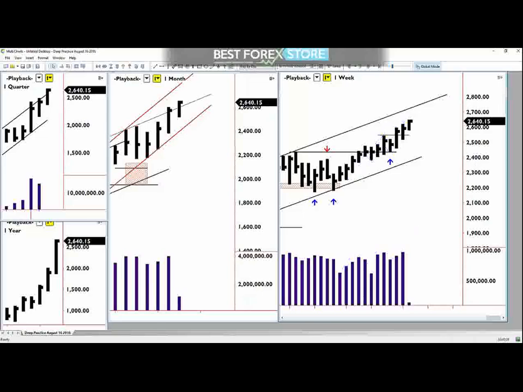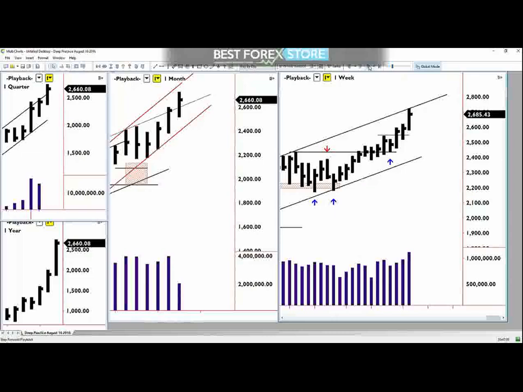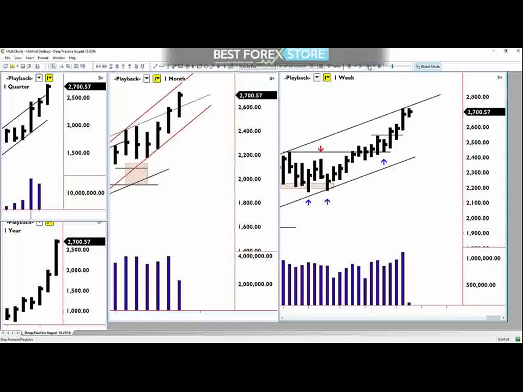So all very bullish in here. And now we start to push, and notice where we're getting to. So good volume coming in.